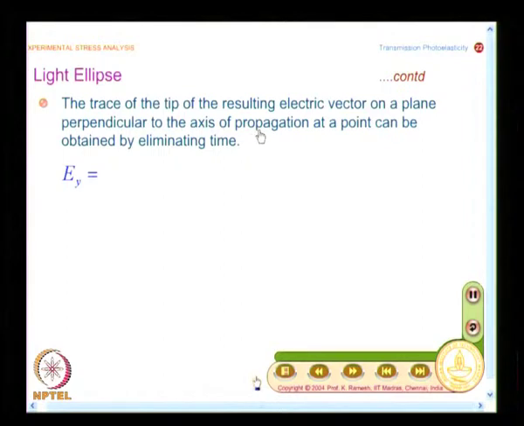This can be obtained by eliminating time. I have already mentioned that to carry on with photoelasticity, you need to brush up your trigonometric identities. We will use several of them, even for this development, to simplify the set of expressions. I will give you the clue.